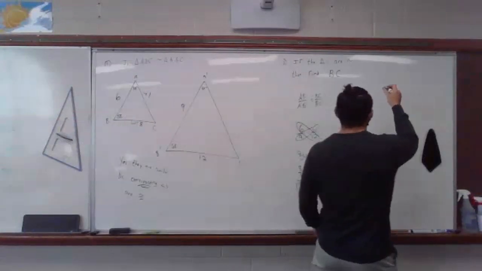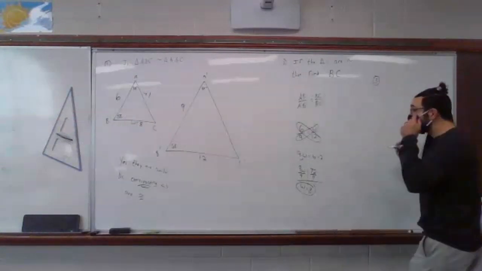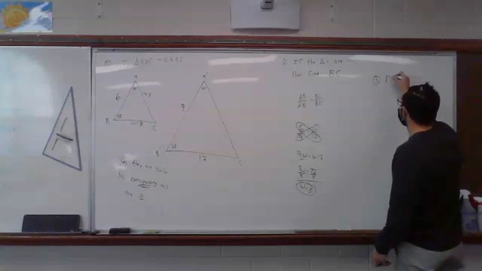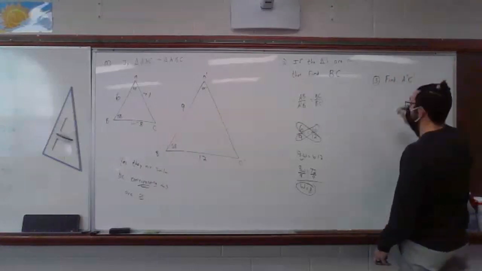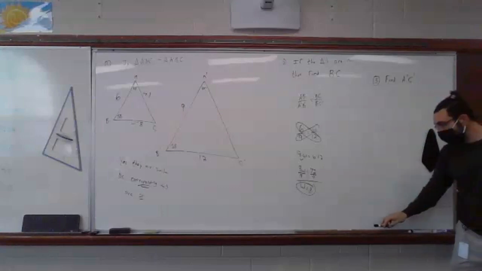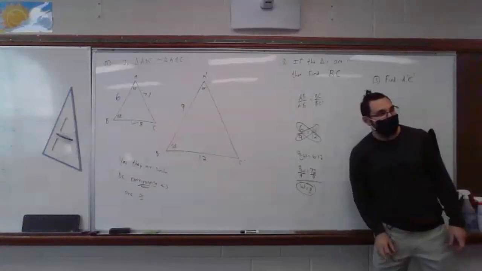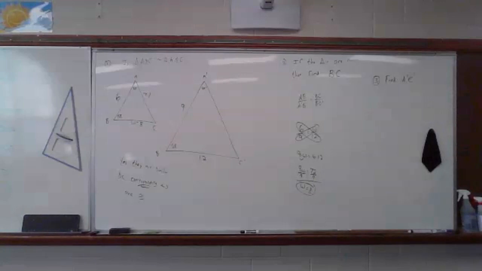Here's question 3. Question 3 is going to say, find A prime, C prime. So you need to set up your own proportion, find A prime, C prime. You have enough information to find it. So talk it over with the people around you.